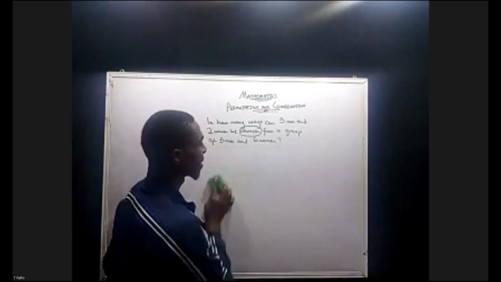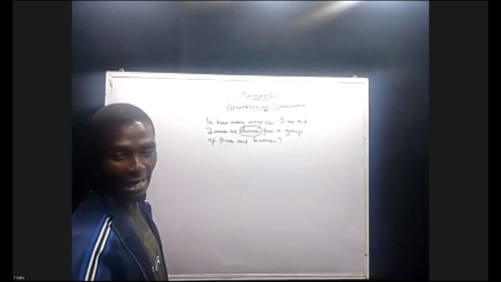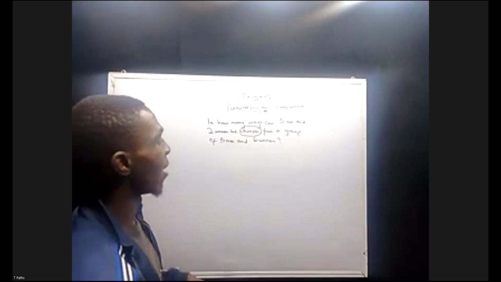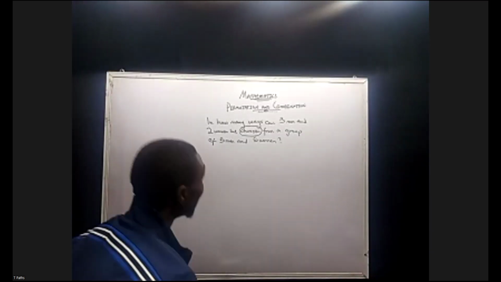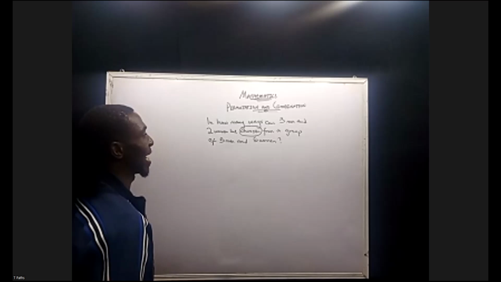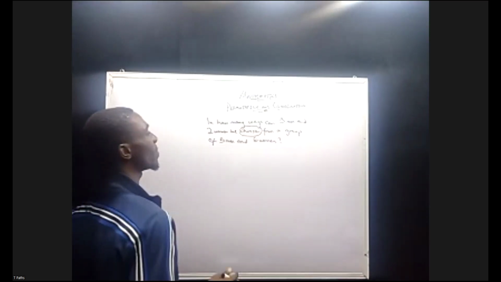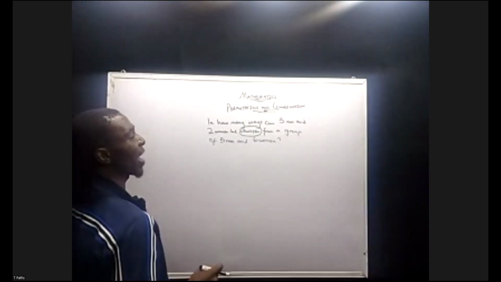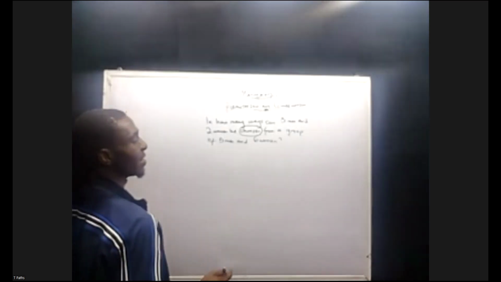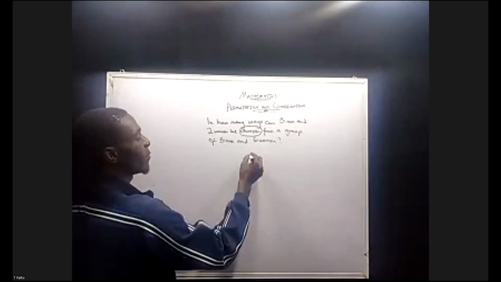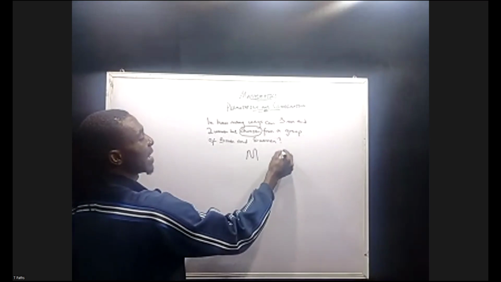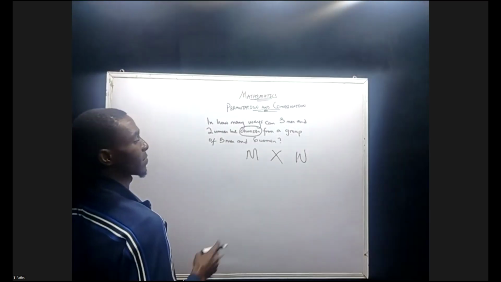So, let's take the solution again. Now, I said how many ways? In how many ways can 3 men and 2 women be chosen from a group of 5 men and 6 women? Now, we are dealing with men and women.